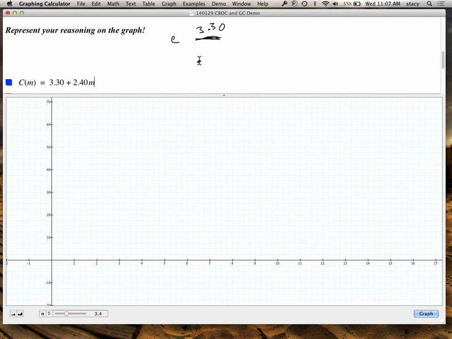So if I've driven 0 miles, so this is M, then that's how much I pay. But then let's say I drive 1 mile, then that's going to go up $2.4 right there.